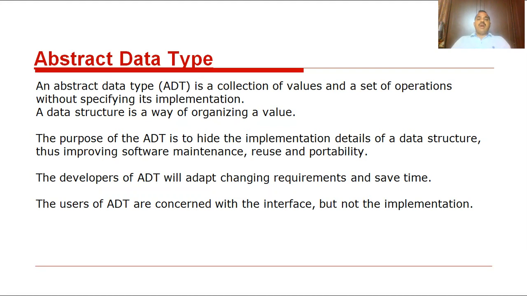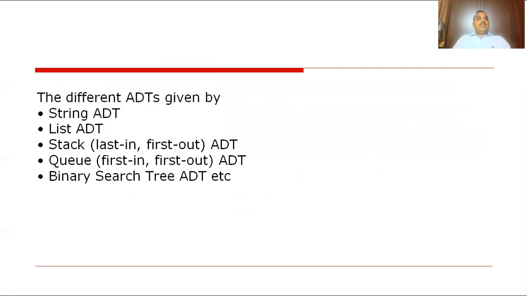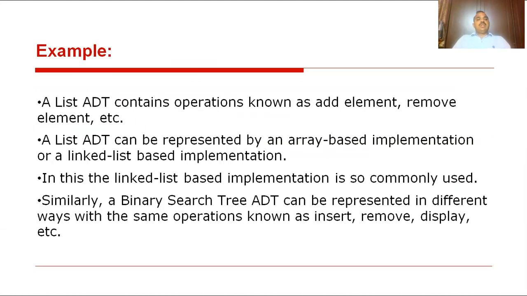A data structure is a way of organizing data. Clear? These are the purposes. Then these are the ADTs: string ADT, list ADT, stack ADT, queue ADT, tree ADT, graph ADT, etc. Next, these are the examples of abstract data types.